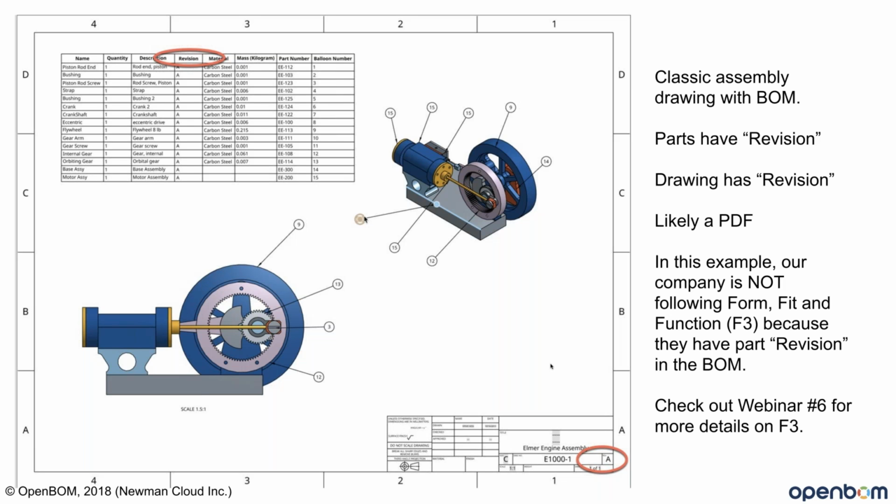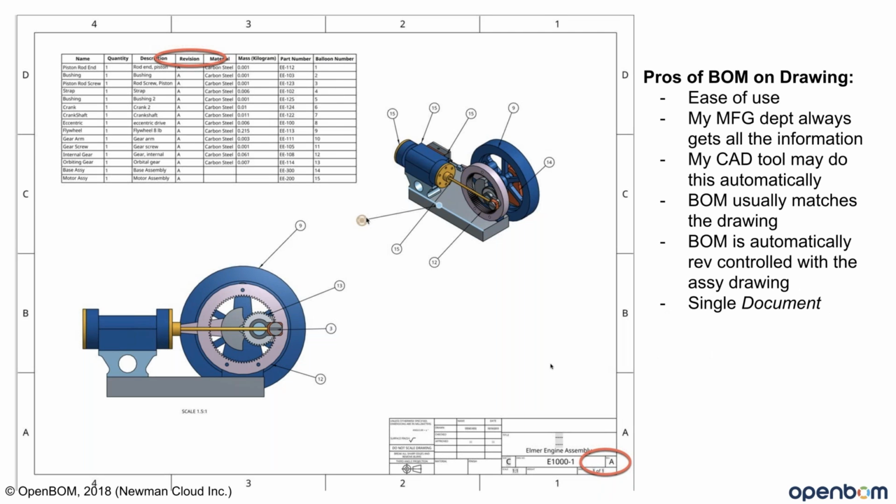There'll be a link at the end of this deck on how to view that last 30-minute webinar on form, fit, and function. And we'll see that including revisions in our BOM actually gives us a lot of risk going forward. So that's why I've highlighted both: we have revision in our BOM and revision in our assembly drawing.